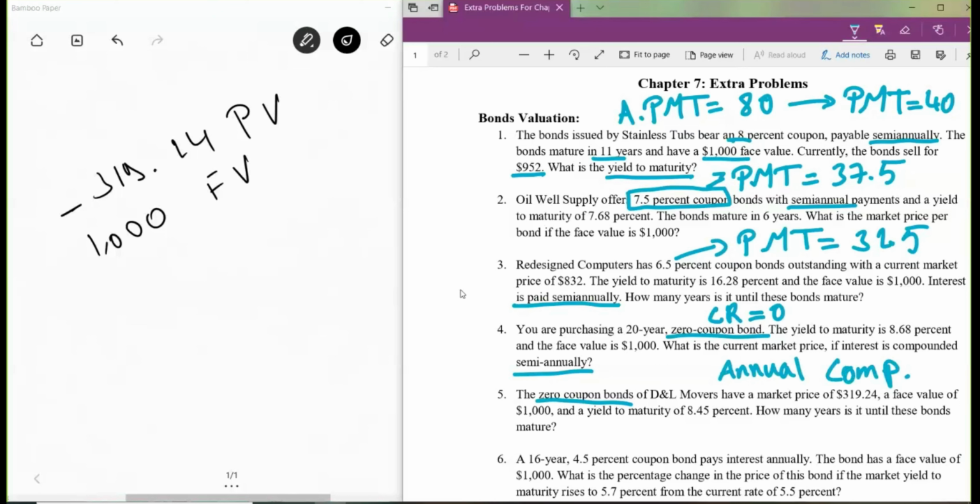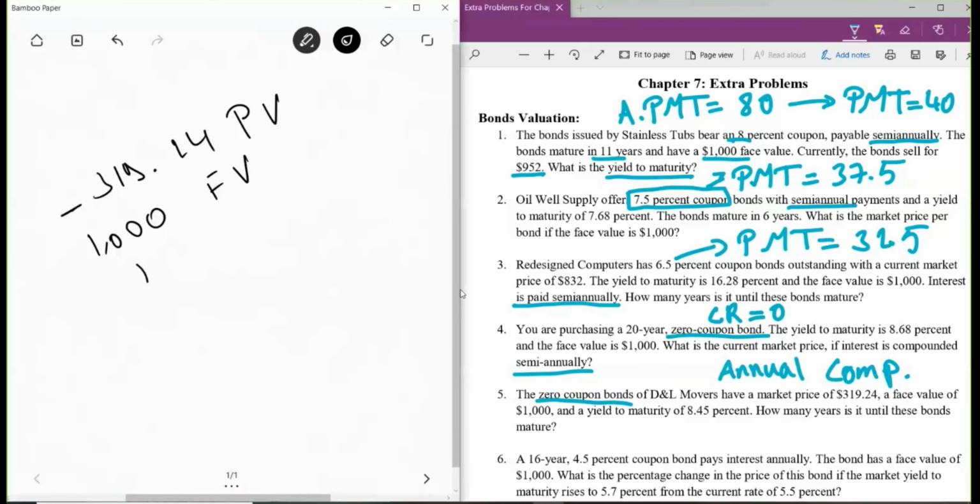Because there was nothing in the given that indicates otherwise. So in this case, 8.45, this is IY. I can enter the payment as 0. It's not a big deal whether I enter this value or not.